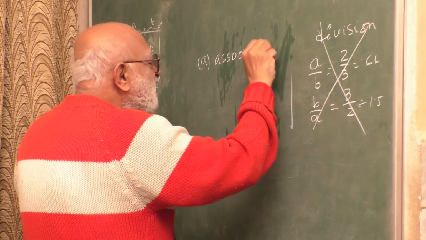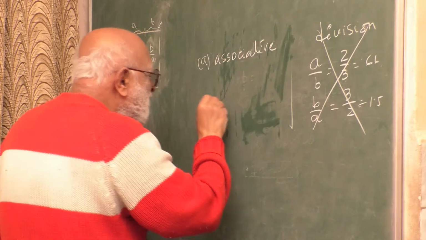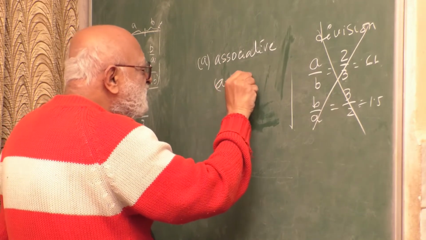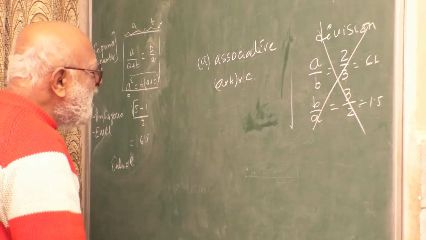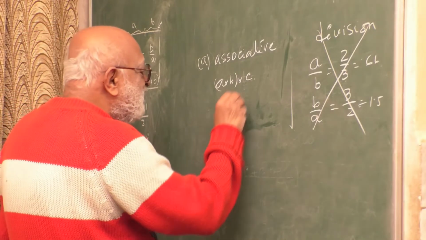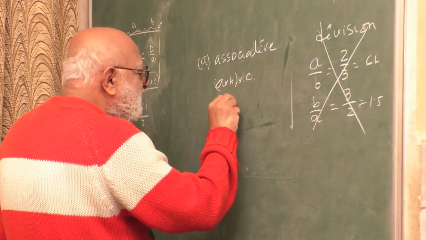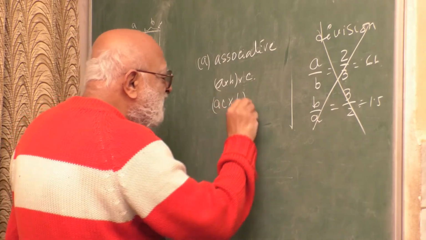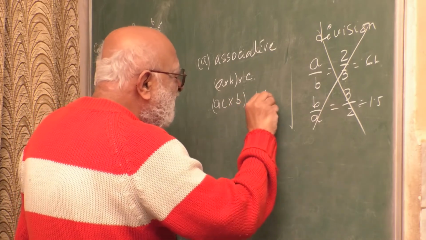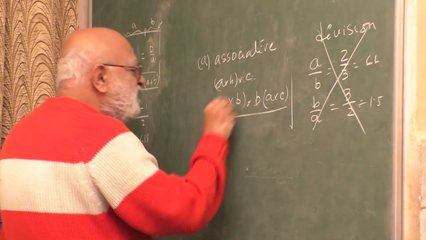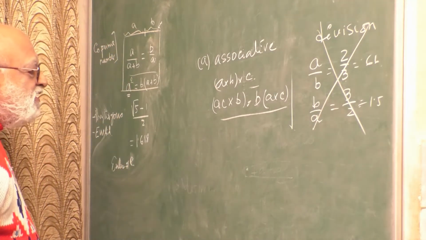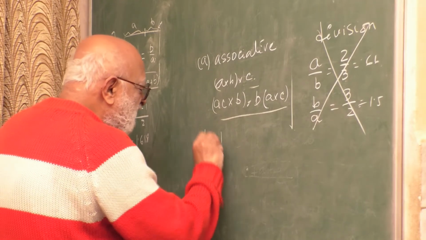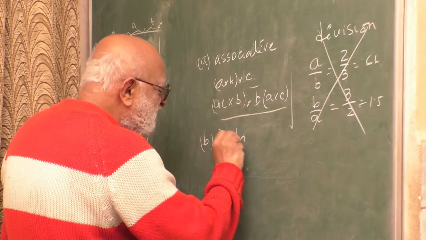Again in a similar way, let us say A into B into C. You can also write A into C into B, or you can write B into A into C. So this you can keep on doing. The maximum advantage that will be given to you is from the distributive law.